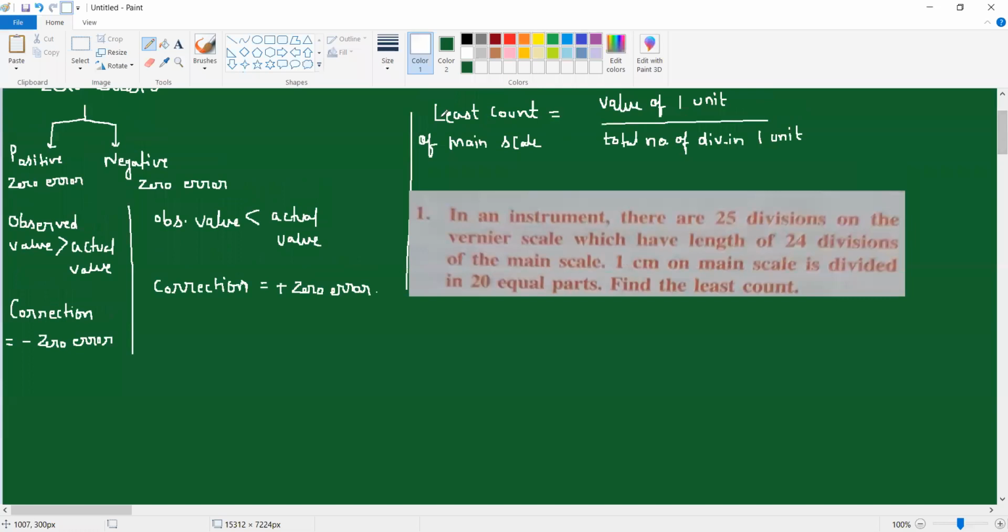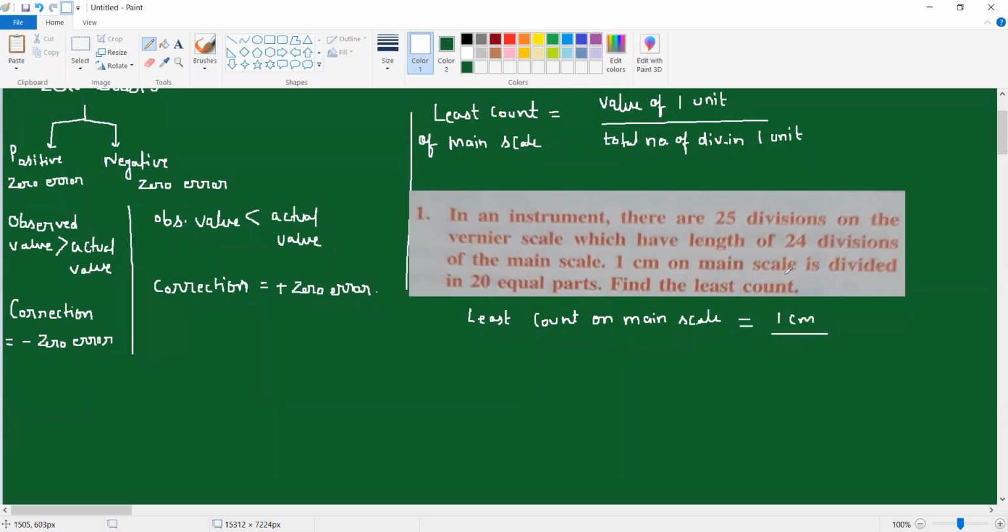So now I have to apply this formula. Least count on the main scale. 1 centimeter on the main scale, so 1 unit is 1 centimeter here.